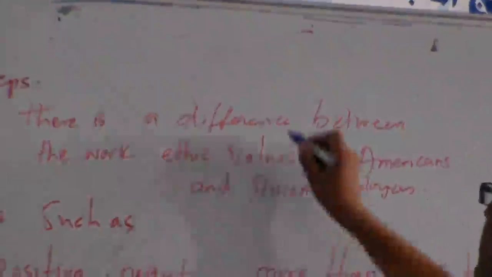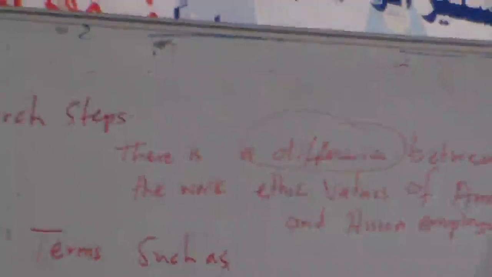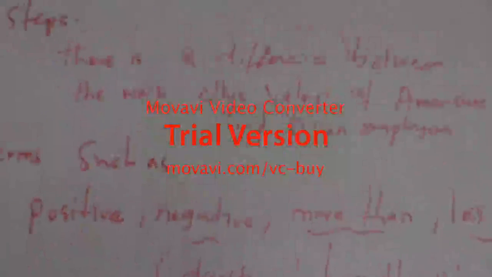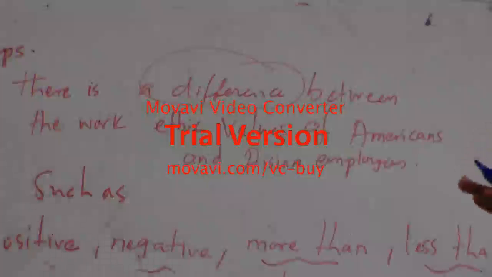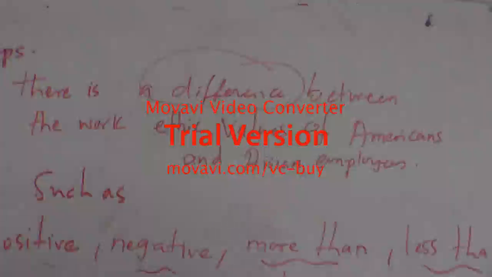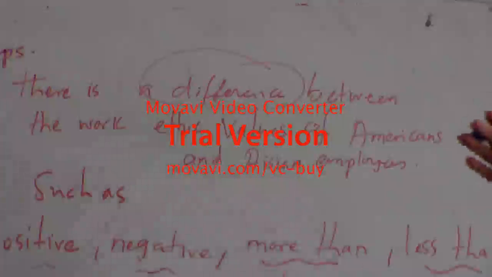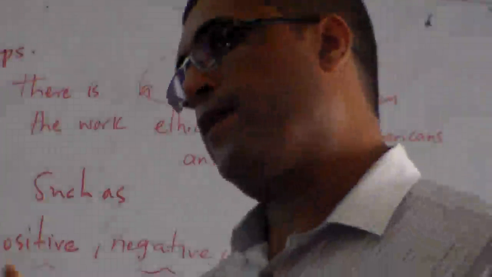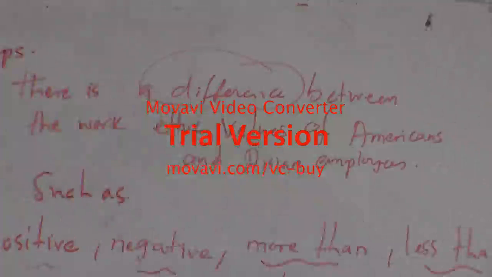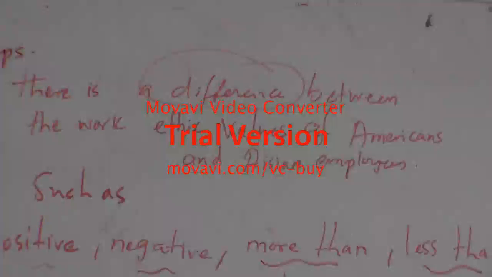You see, we say just there is a difference, but we have not specified what kind of difference. Which one is good and which one is not good. Which one is higher in ethics and which one is lower in ethics. If we specify which one is higher and which one is lower, then the hypothesis is directional. But if we don't specify, the hypothesis is non-directional. Okay?